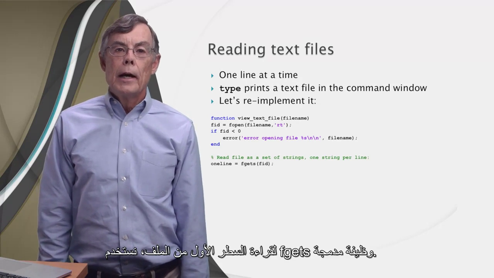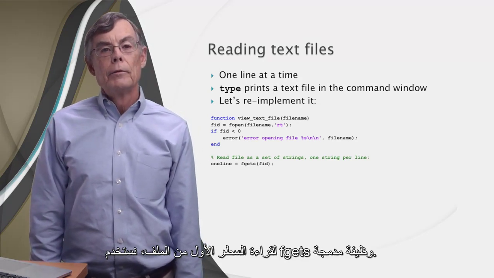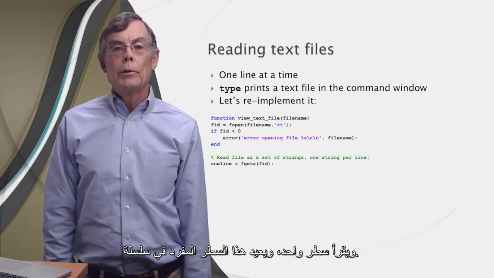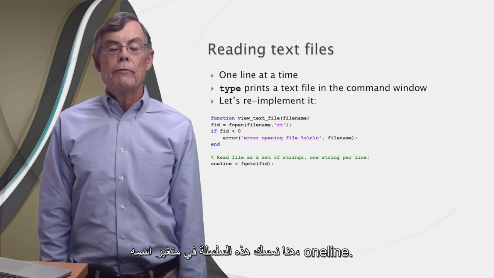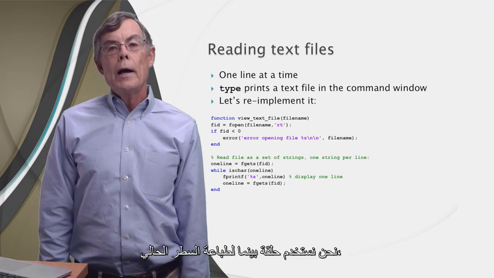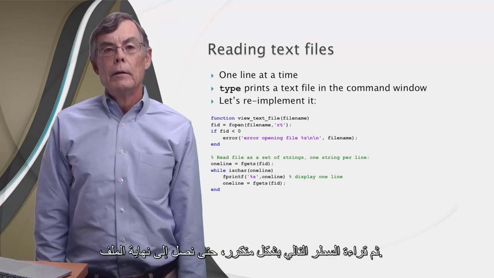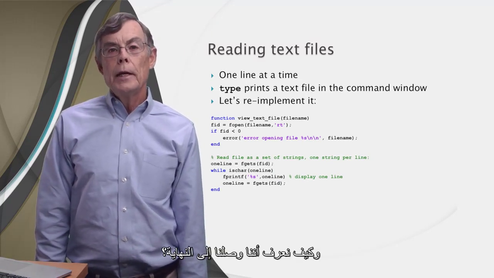To read the first line from the file, we use the built-in function fgets. We give it the file identifier and it reads one line and returns that single line in a string. Here we catch that string in a variable named oneLine. We use a while loop to print the current line and then read the next line repeatedly until we reach the end of the file. And how do we know we've reached the end?